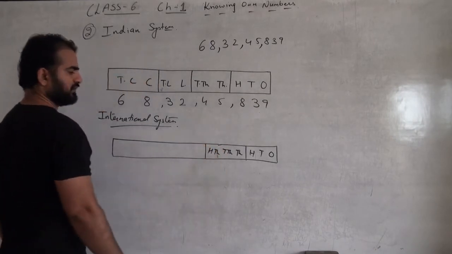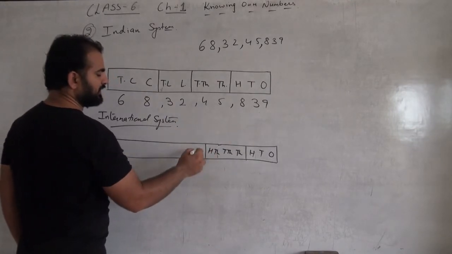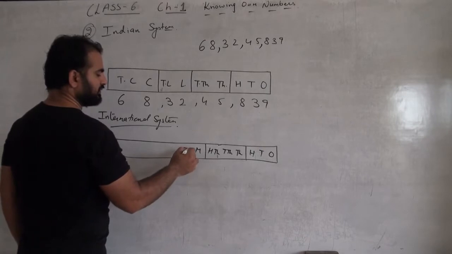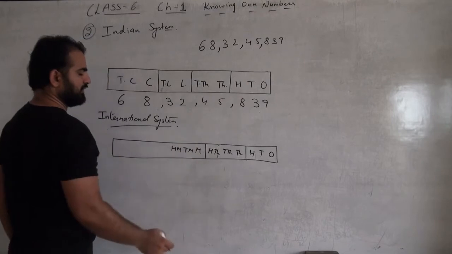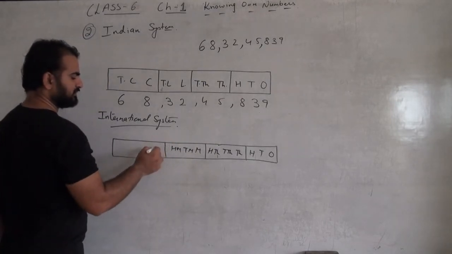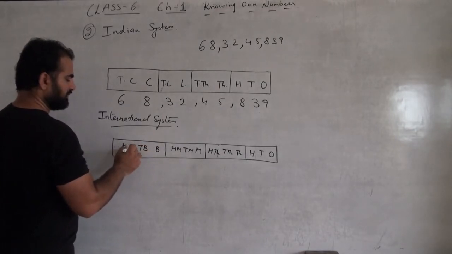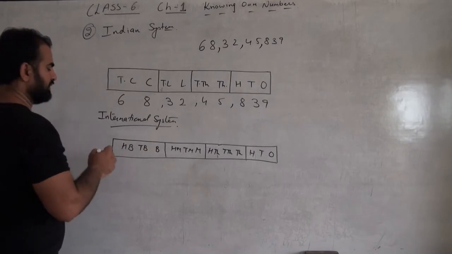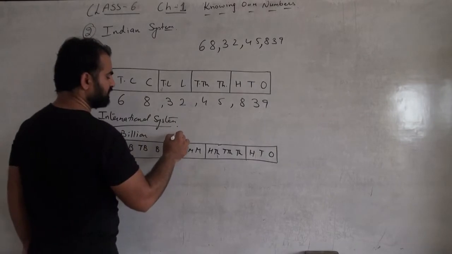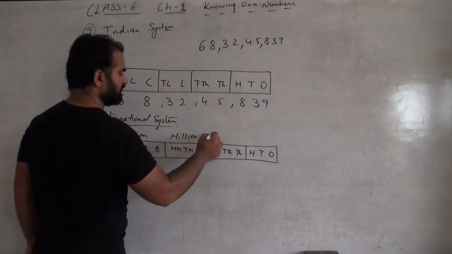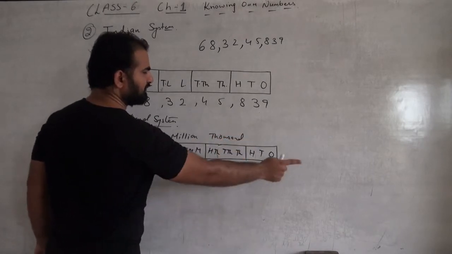This is the thousand group. Next, after 100,000, there will be million, 10 million, and 100 million. And the next group is billion, 10 billion, and 100 billion. This is the billion group. This is the million group. This is the thousand group. And this is the hundred group.